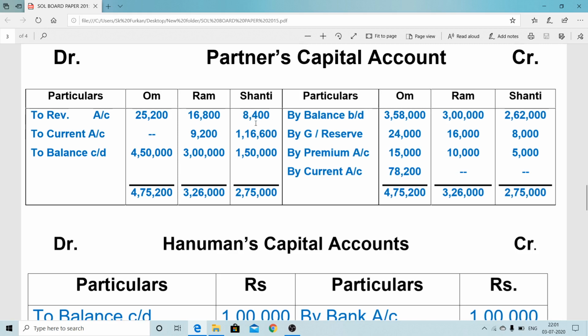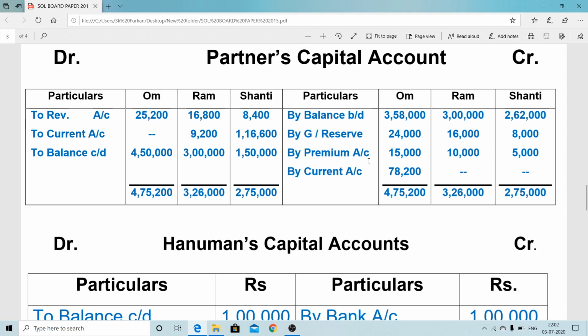So if we consider the loss, then out of 2,75,000 minus 8,400 minus 1,50,000, this is the balance. This amount we are transferring to his respective current account, 1,16,600. He can withdraw the cash, but as per agreement we have to transfer the shortage side, that is current account to current account, in this column, 1,16,600. In the near future Shanti can withdraw this amount, but Om has to bring this amount in future to cancel his current account.